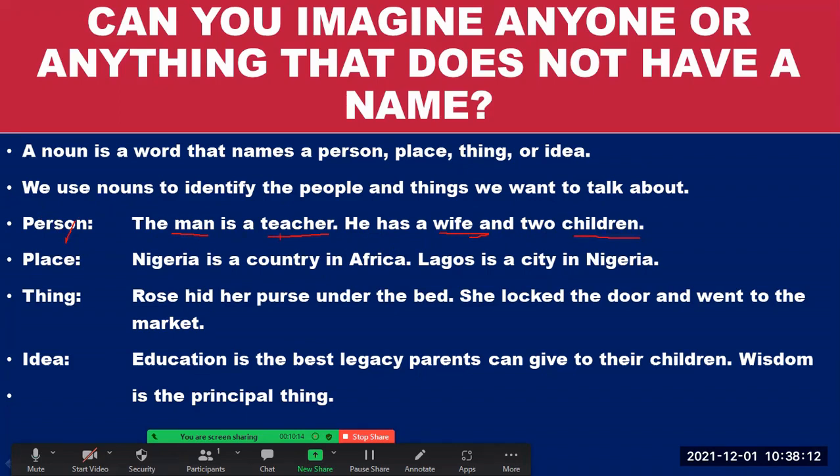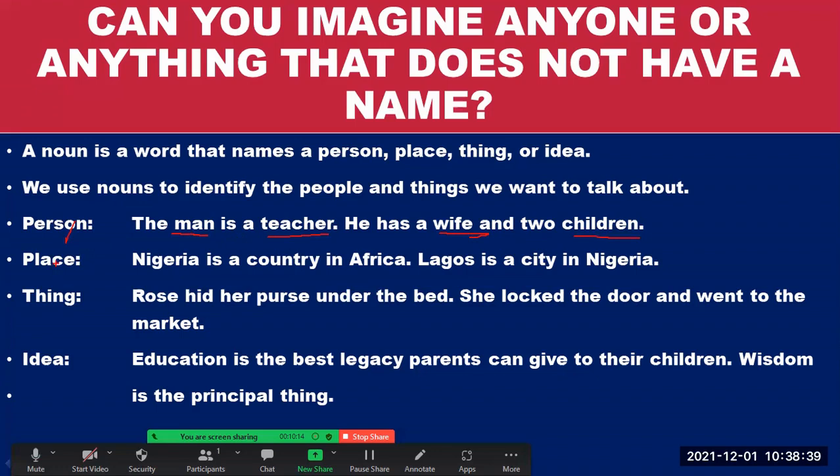The man is a teacher. See, who are we talking about? The man. We have to name the person either with a common name, that's a general name that refers to all the persons in that class, or to the person's specific name, which will be the proper noun. All right?